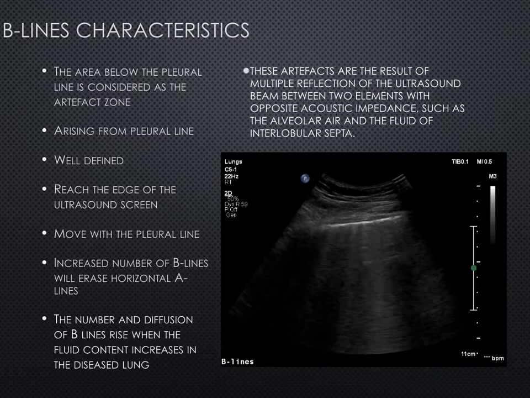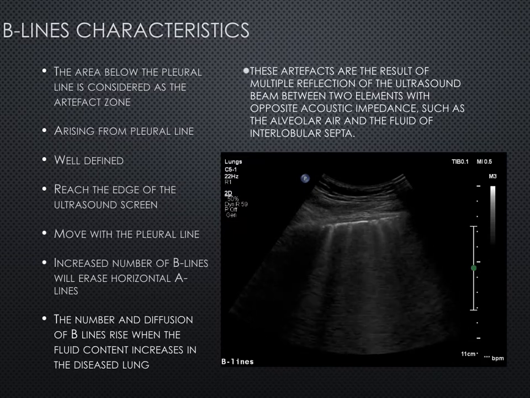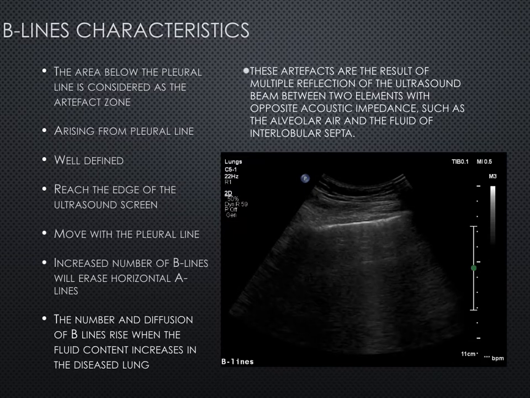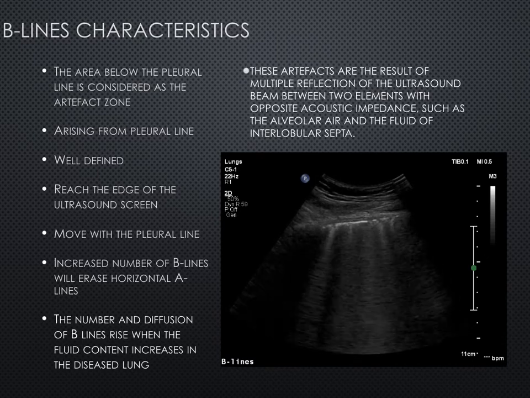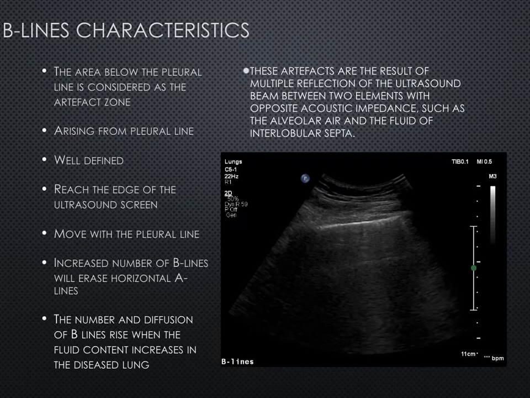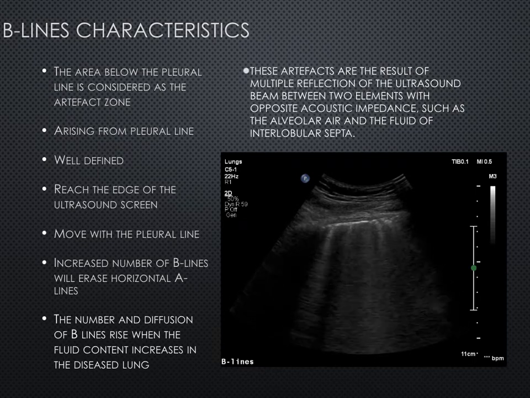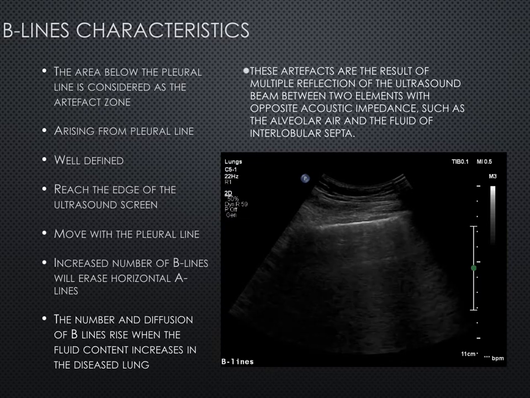With changes in aeration, you'll have more B lines developing with the less aeration you have within that lung tissue itself. So more A lines, better aeration. More B lines, worse aeration of that lung.